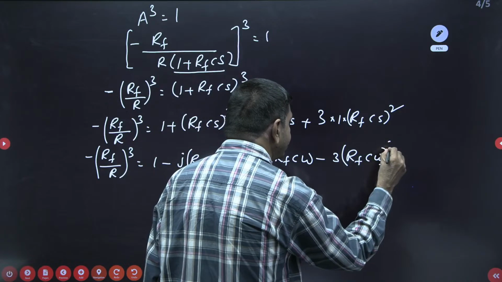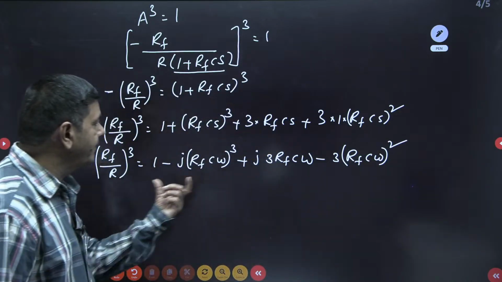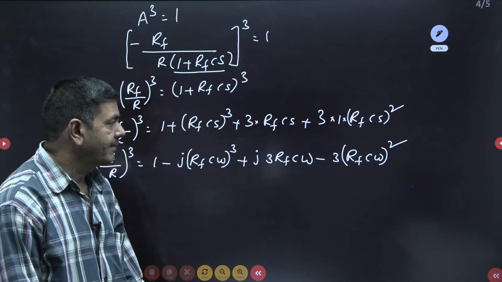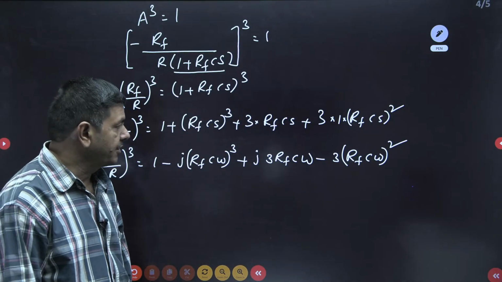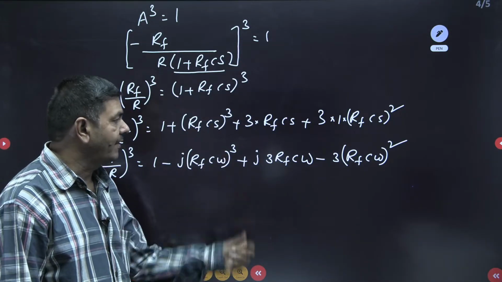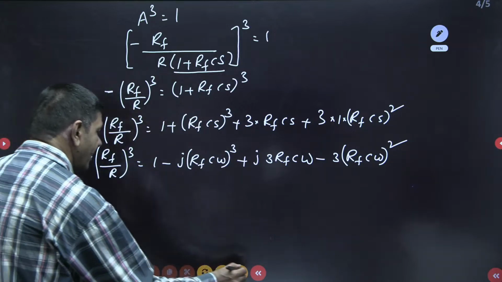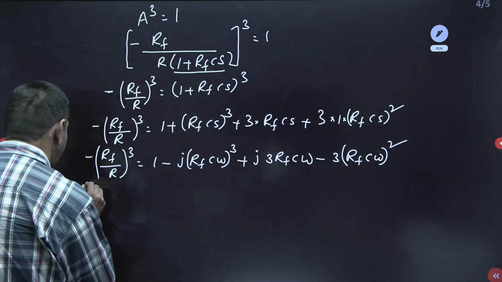Finally the equation is formed this way, giving omega and RF values. Comparing real parts, I would like to compare the real part.